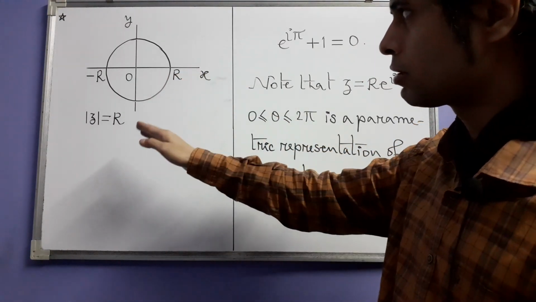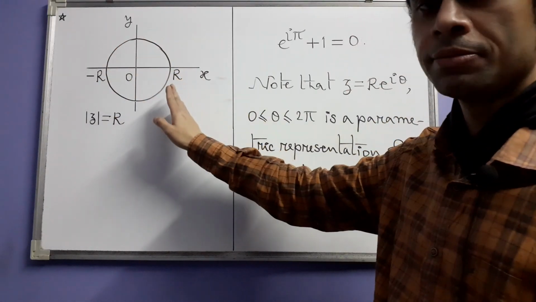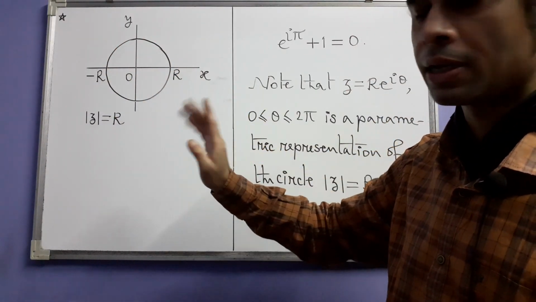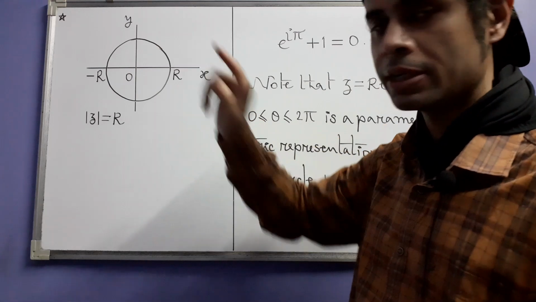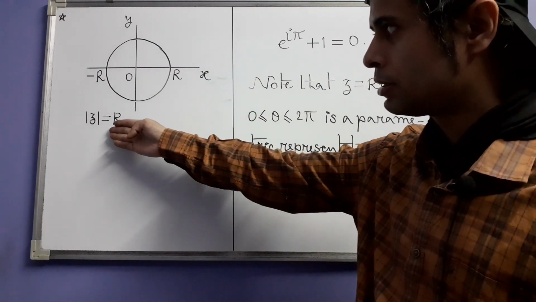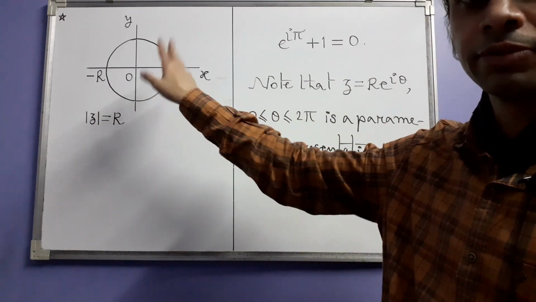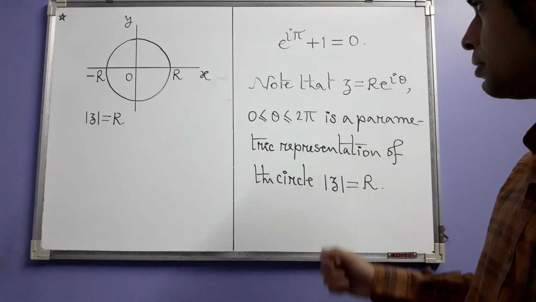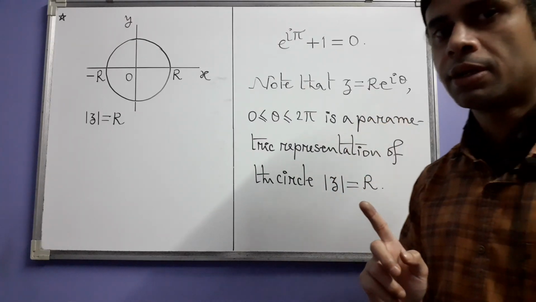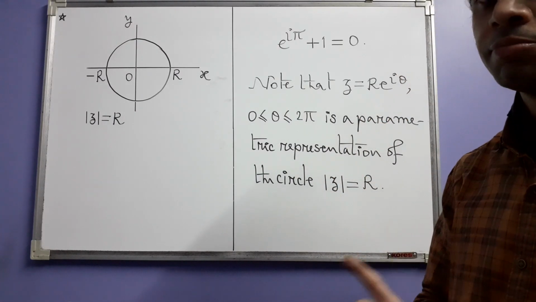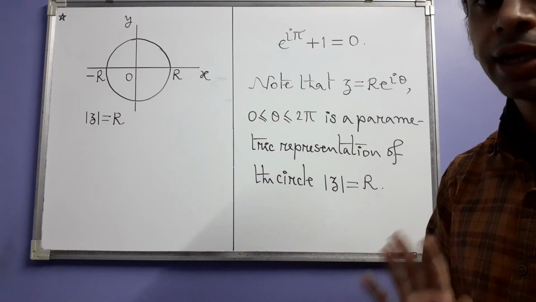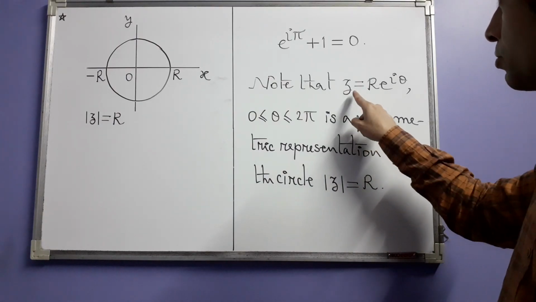So that's why all of them lie on this circle, which has radius r and has its center coinciding with the origin. So that's why this is the complex equation of this circle. And you can use the exponential form to write a parametric representation of the circle, a parametric equation, which looks like this.